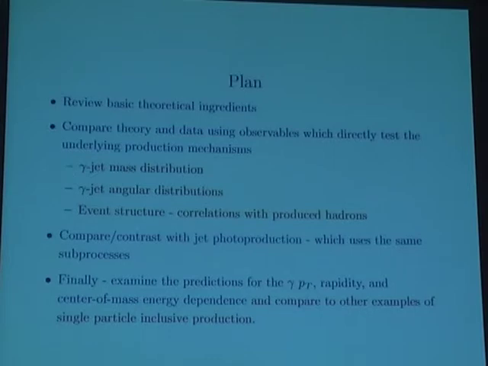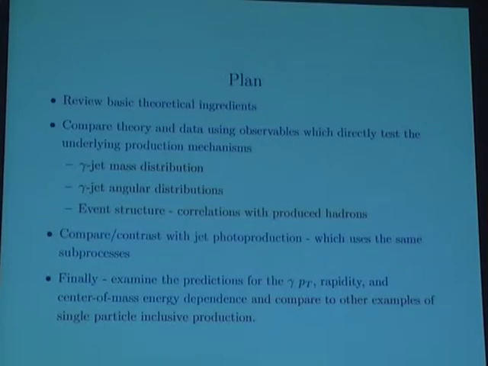So first, I want to review some theoretical ingredients, and then compare theory and data using observables that go beyond just the pT distribution, looking at ones that directly test the underlying production mechanism. We'll look at, for example, photon-jet mass distributions, angular distributions, and correlations with other hadrons.